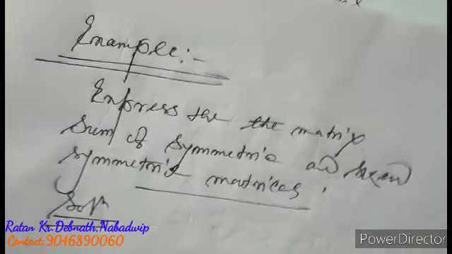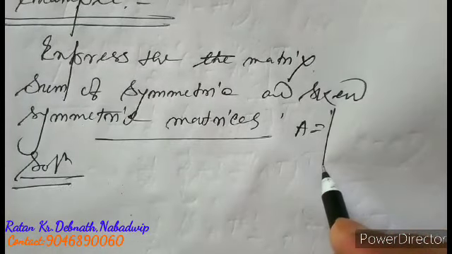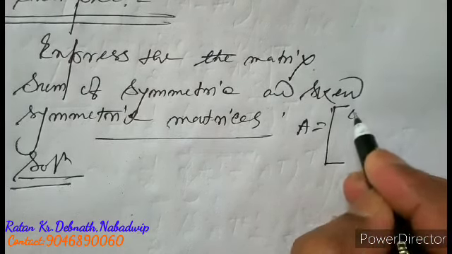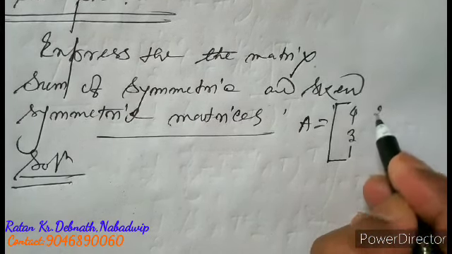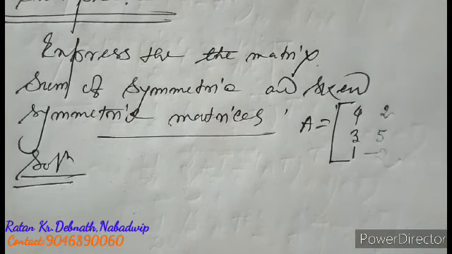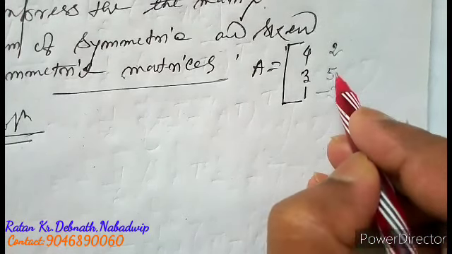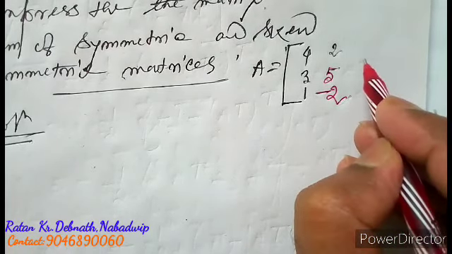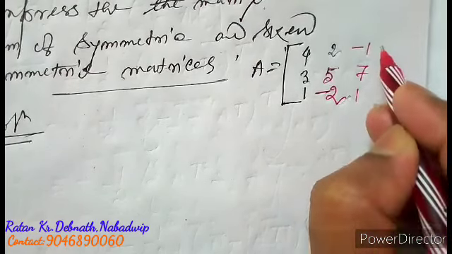The matrix is given by 4, 3, 1; 2, 5, minus 2; minus 1, 7, 1.